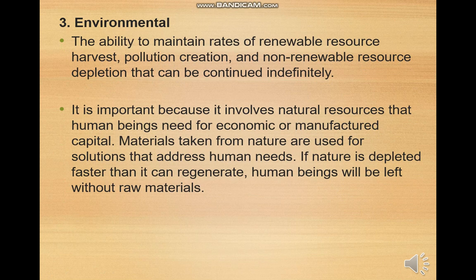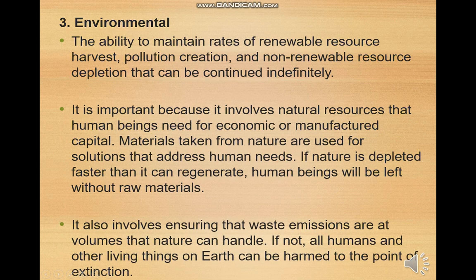Materials taken from nature are used for solutions that address human needs. If nature is depleted faster than it can regenerate, human beings will be left without raw materials. It also involves ensuring that waste emissions are at volumes that nature can handle. If not, all humans and other living things on Earth can be harmed to the point of extinction.